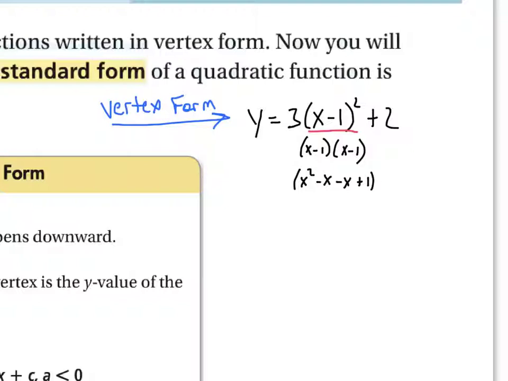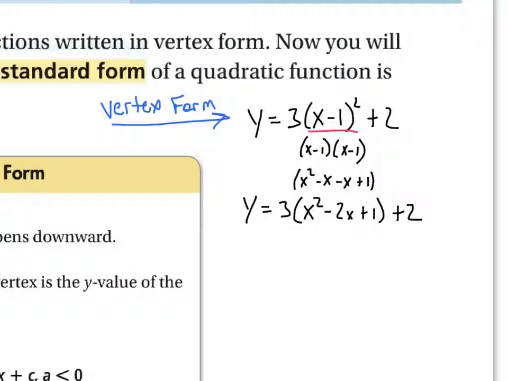So if I combine my like terms, I now have y equals 3 times x squared minus 2x plus 1 plus 2. Everybody with me so far? Yeah.